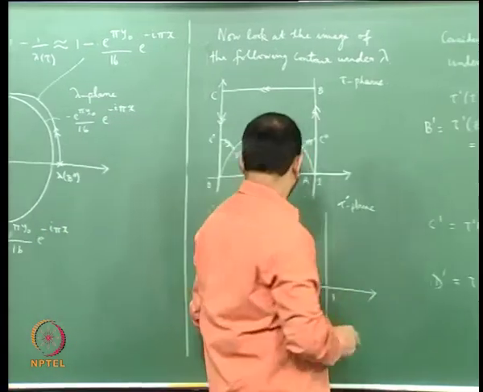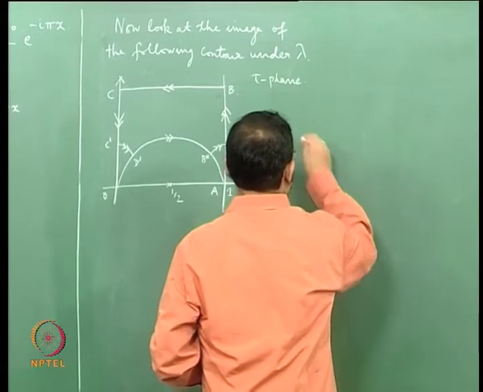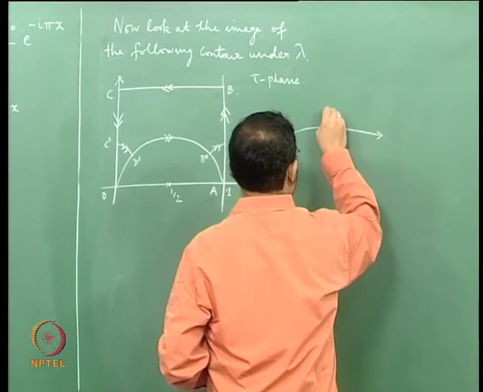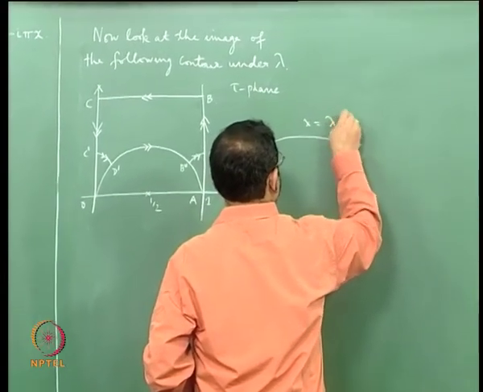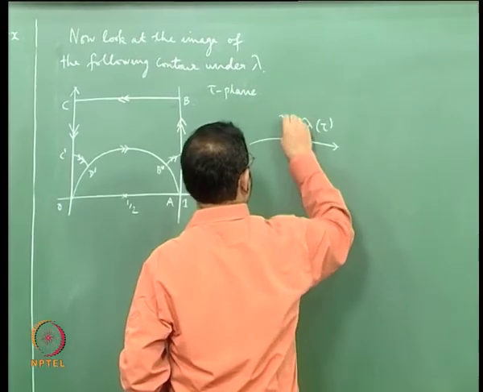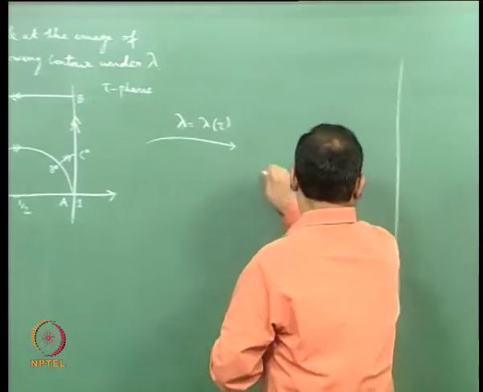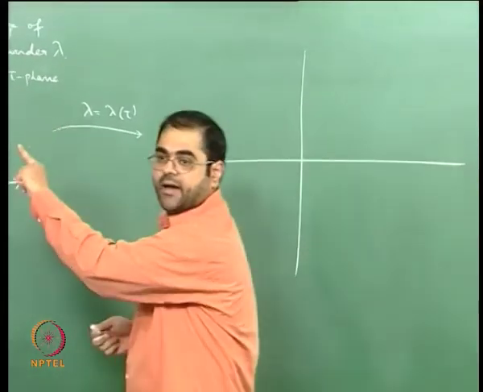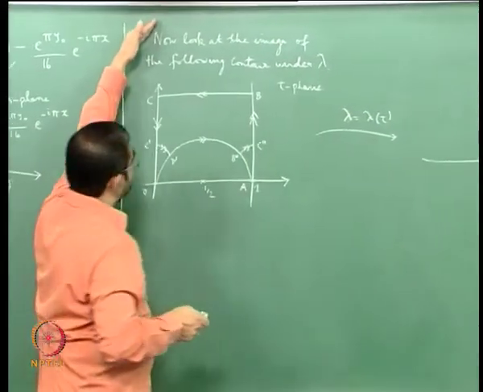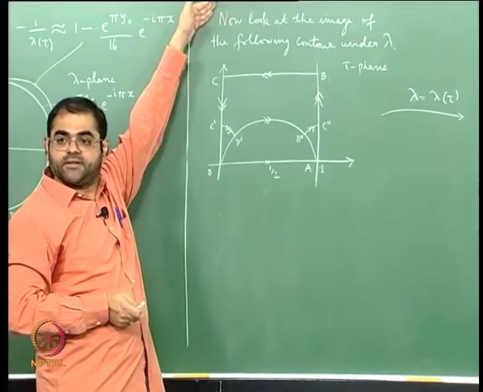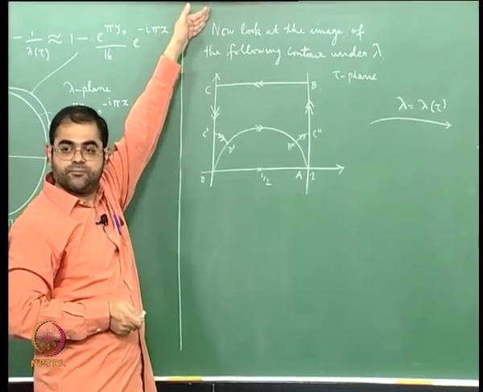Now let me draw the image. So let's look at what we get. If I started at the point at infinity, I would have got 0, alright.